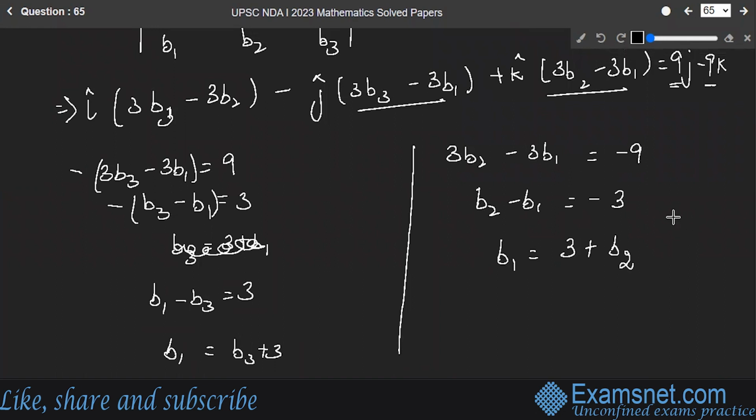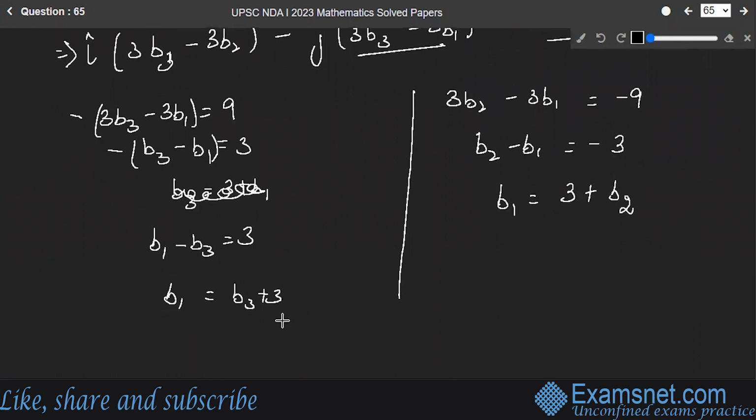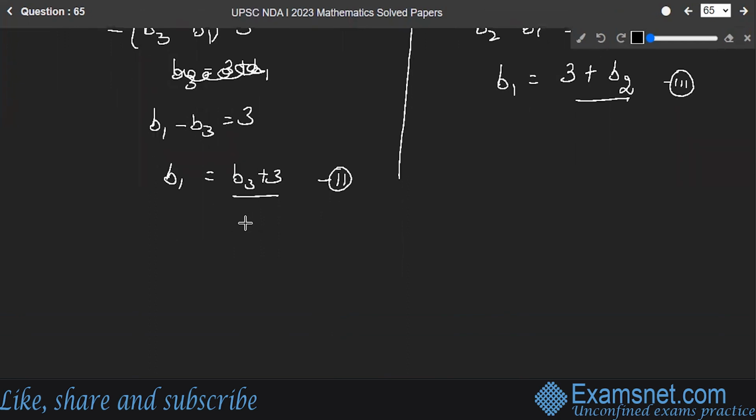Okay, so we have these two things. B1 is equal to B3 plus 3, and this is number 2 and this is number 3. So from both of them, you can easily say that B2 and B3 are equal.